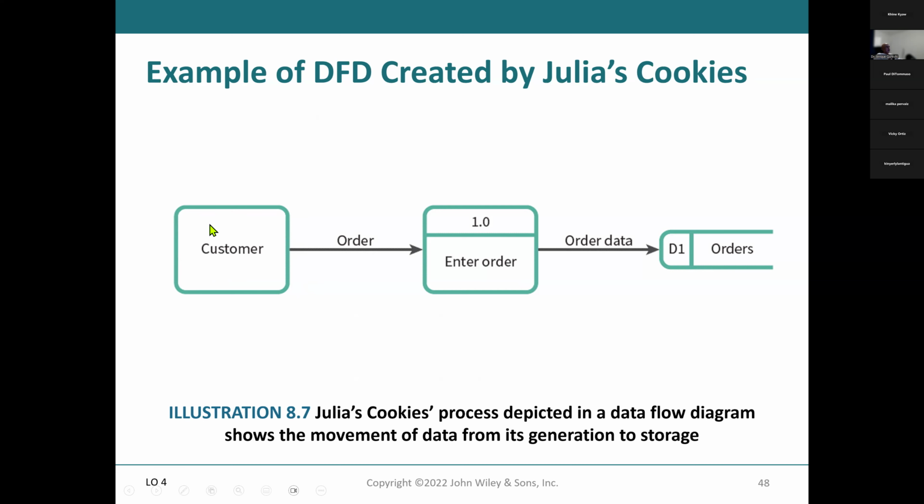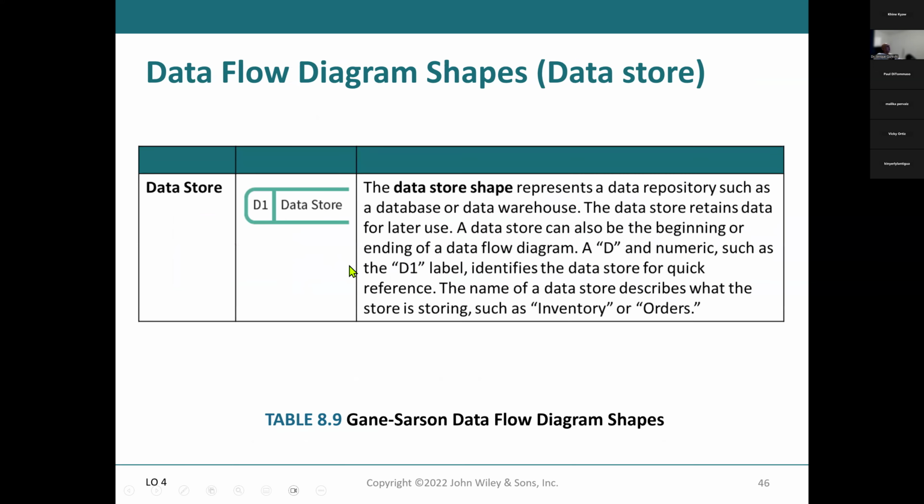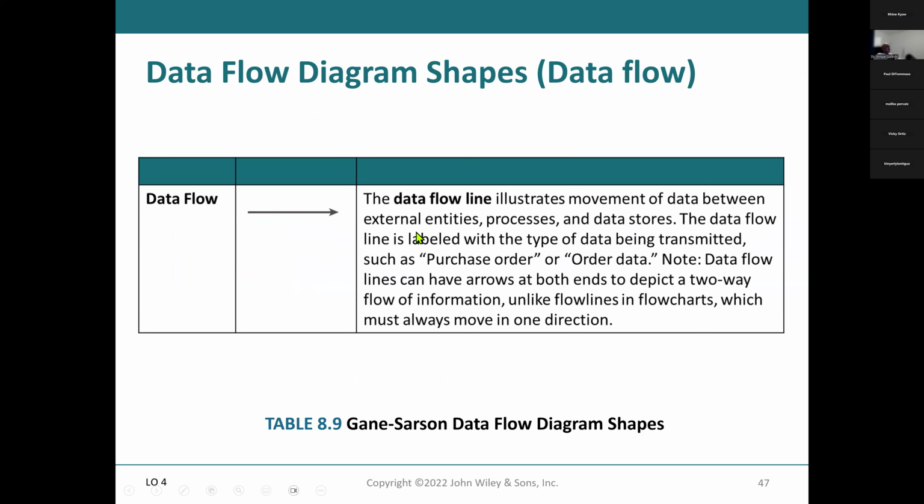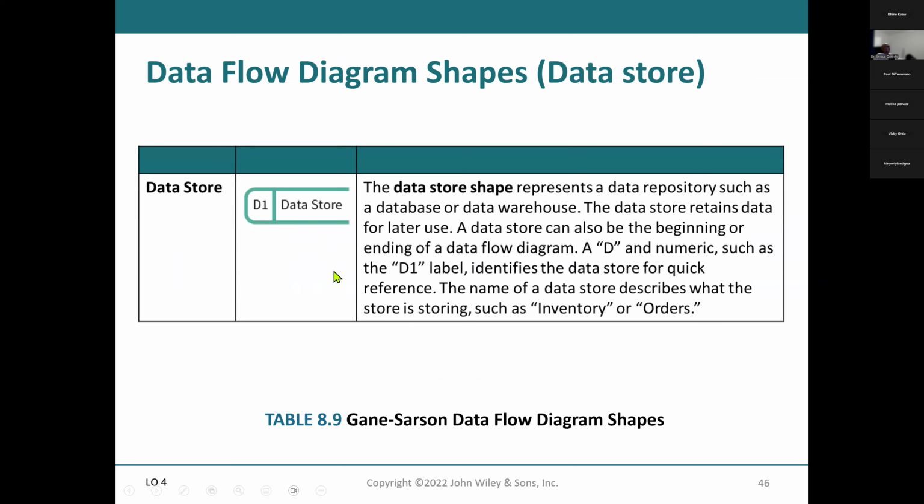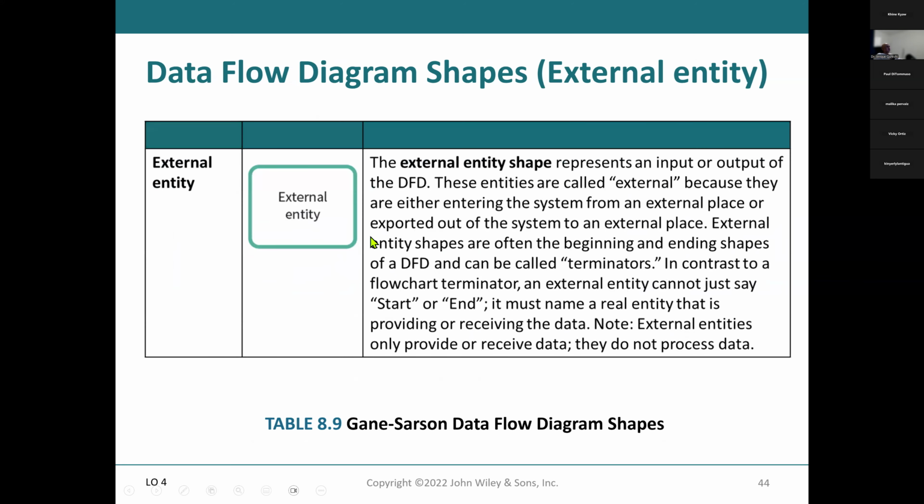And of course, in this particular case, the customer is not receiving data, it's providing data. What data? Data about the order. And obviously data flow line, it's easy to understand. So we got the external entity shape. So in this diagram, you see the customer is providing some data.